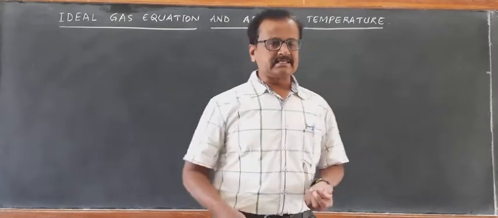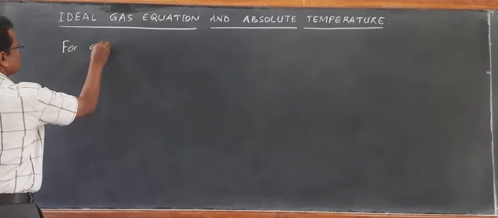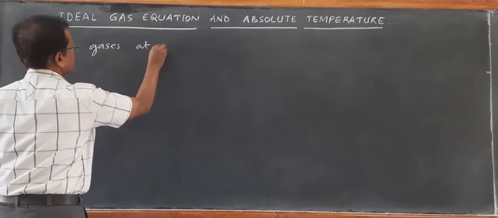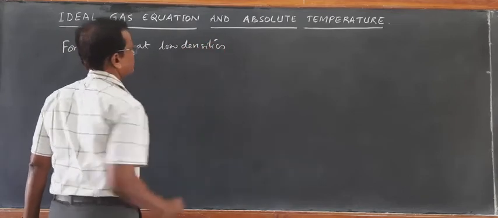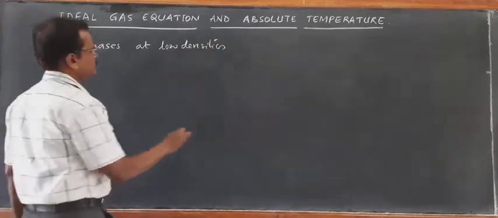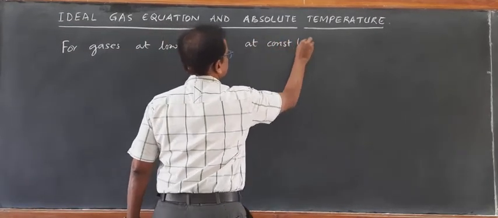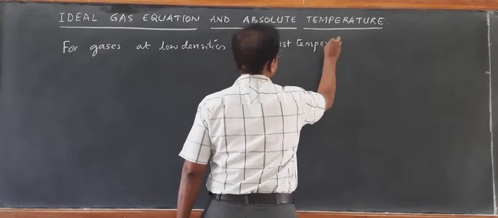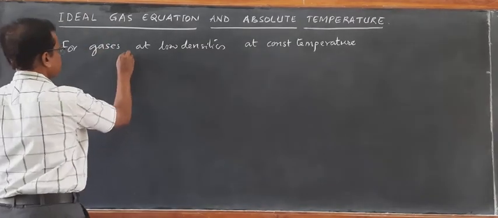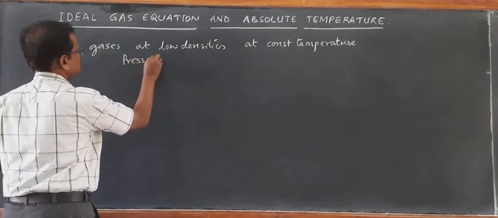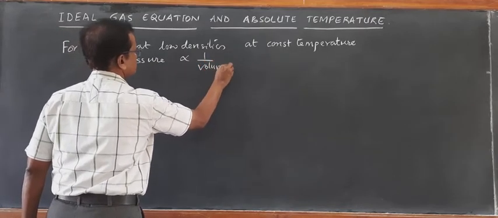For low density gases, that is for gases at low densities, it is observed that when temperature is kept constant, the pressure of the gas is found to be inversely proportional to the volume of the gas.